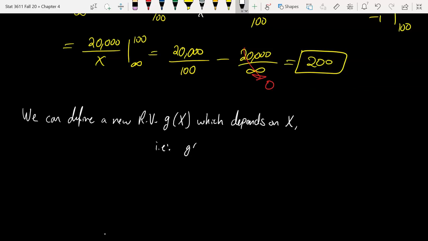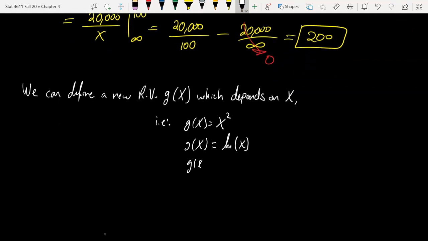I.e., g of x is equal to x squared, or g of x is equal to the natural log of x, or g of x is equal to x squared plus 1 over x minus 1. I think you get the idea.